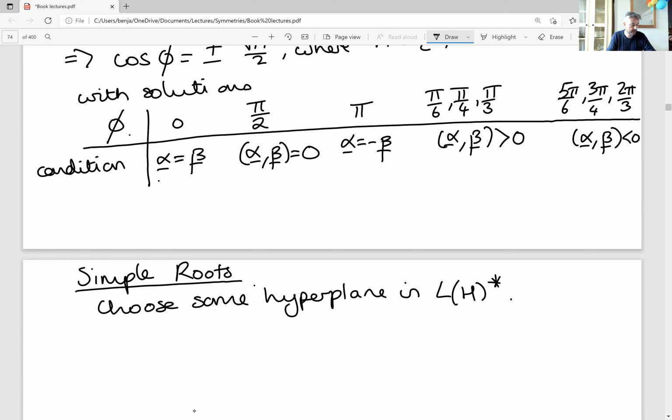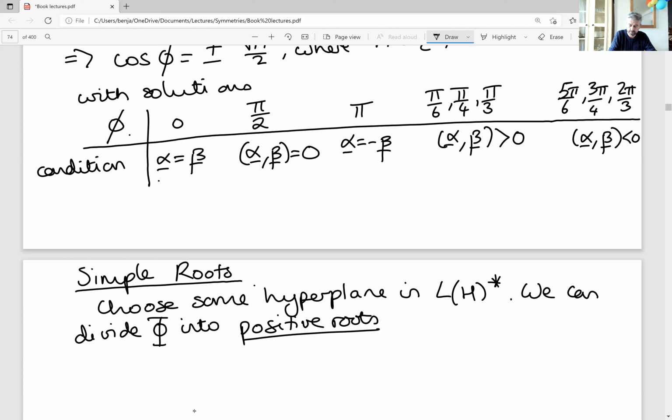And we can divide the root set into positive and negative roots, depending on which side of this hyperplane they're on. So I'll call the positive roots phi plus and negative roots phi minus. So this is a partition. We impose that the positive roots lie on one particular side of the hyperplane and the negative roots on the other.